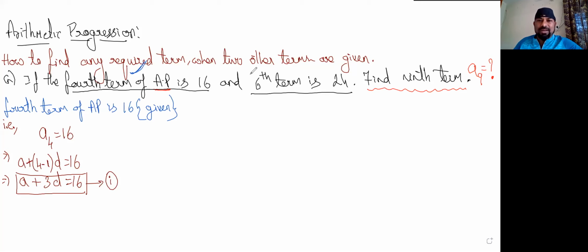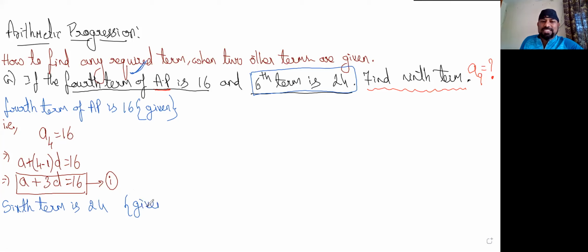Now let us go for the second one. What has he given as the second concept? The sixth term is 24. First we write the sentence he has given, and later on we convert it in terms of symbols.